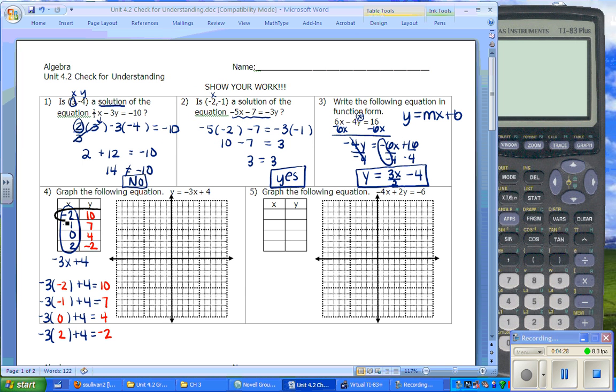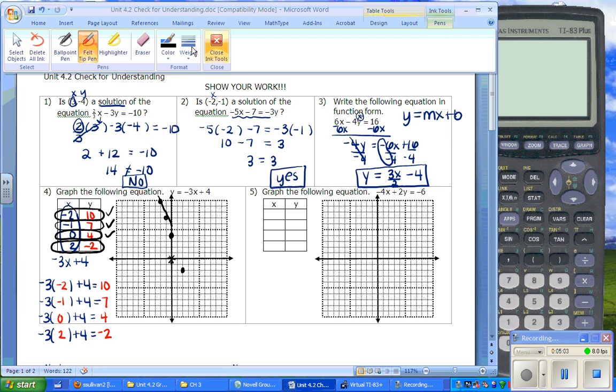This first value would tell us, starting at 0, 0, which is right here on this star, I want to head to the left 2 and up 10 and put my first point. This would tell me left 1, up 7. Don't move to the left or to the right, just move up 4. Right 2, down 2. And just connect your points.